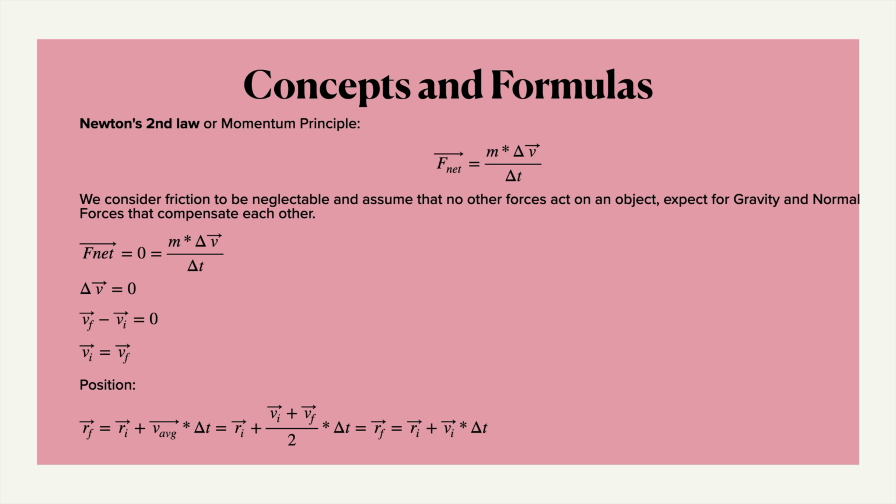According to the momentum principle, then, the change in velocity will equal zero, which means that initial and final velocities are the same. In the experiment, we will also need to know how to calculate position. With constant velocity, the final position will equal the initial position plus the initial velocity multiplied by the change in time.